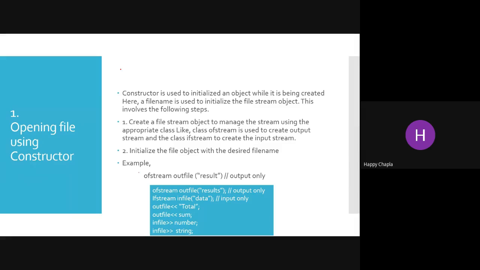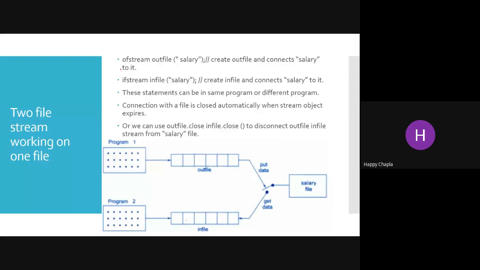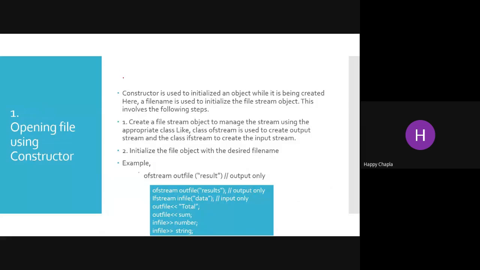You can create the object of that class and you can pass the values. So the constructor is used to initialize an object while it is being created. Here a file name is used to initialize the file stream object. This involves the following steps.